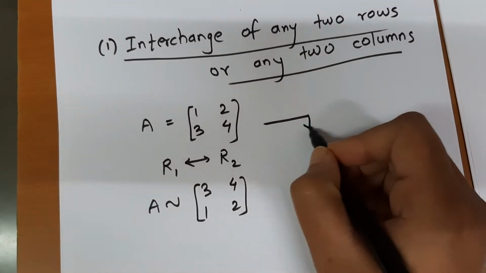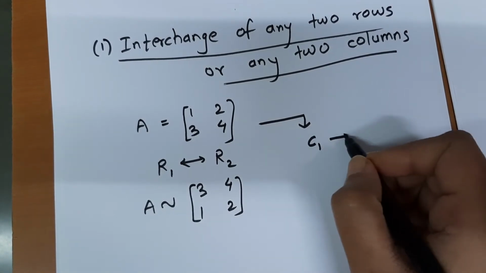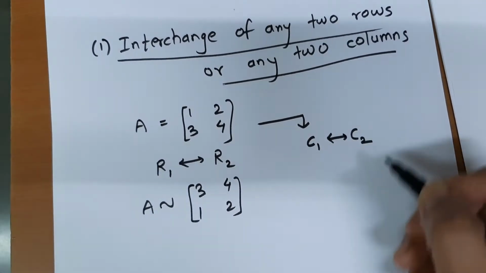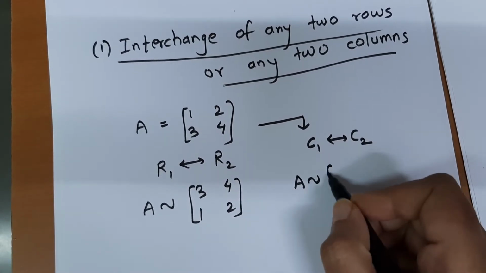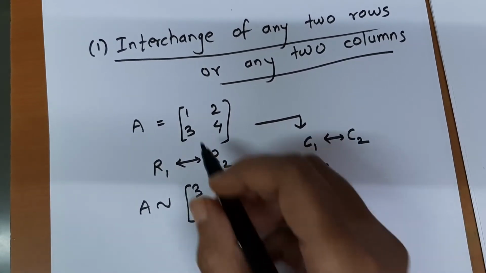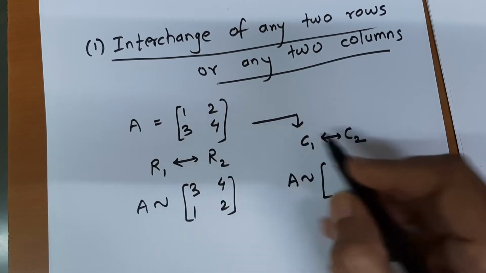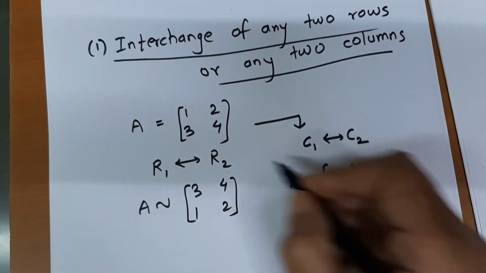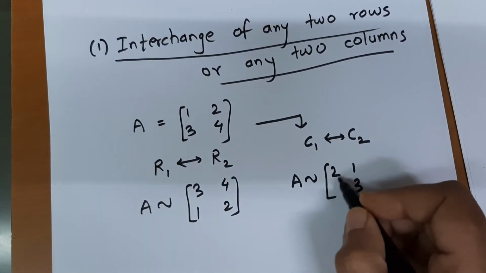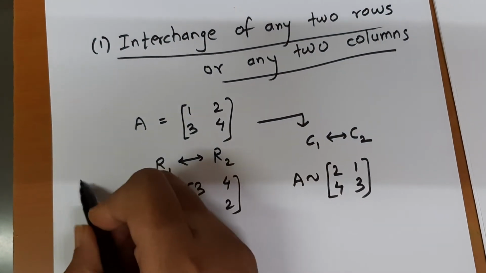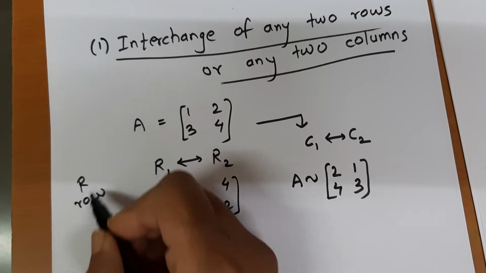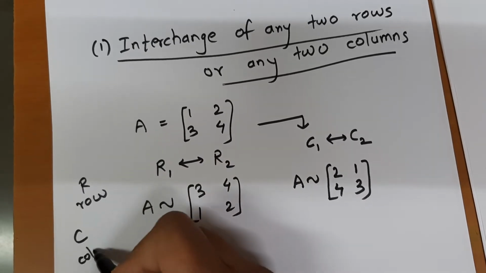For the same matrix, if I give the second transformation, that is C1 interchange with C2, how can we solve this? A will be equivalent to, now the first column 1 3 becomes the second column, and the second column 2 4 becomes the first column. R stands for row and C stands for column.